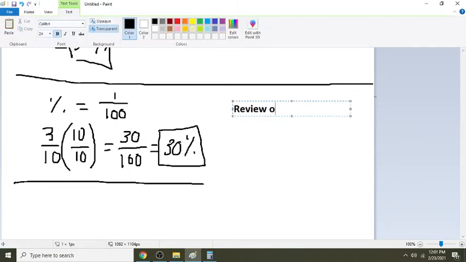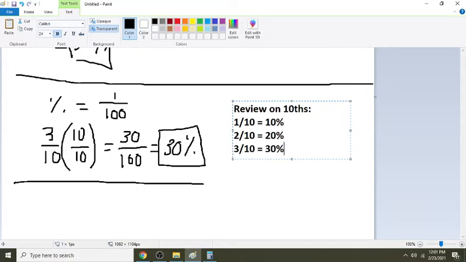You must know that 1/10 is 10%, 2/10 is 20%, 3/10 is 30%, 4/10 is 40%, 5/10 is actually 1/2, which is 50%.